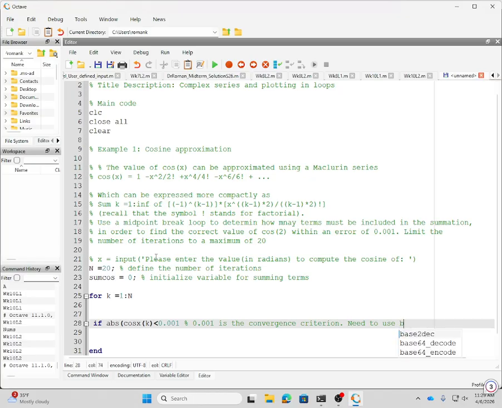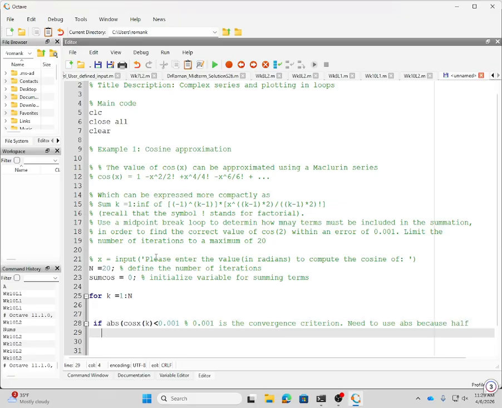You know, absolute is a function, abs, right? Absolute because half of the terms in the series are negative. You know that already, right?